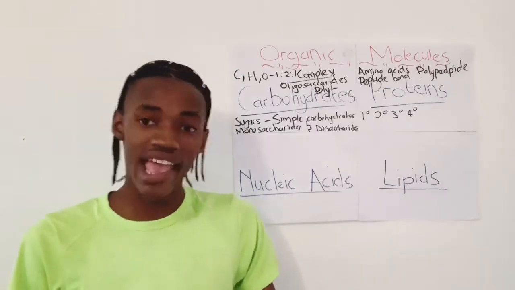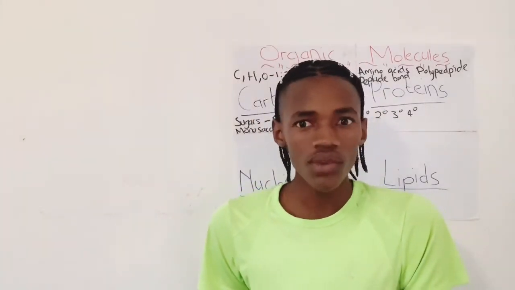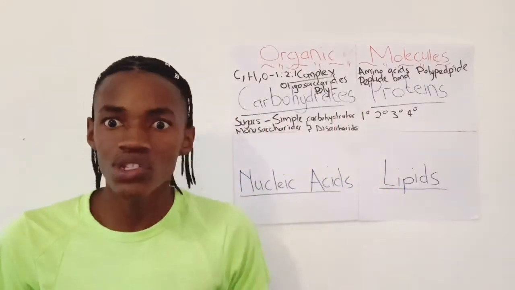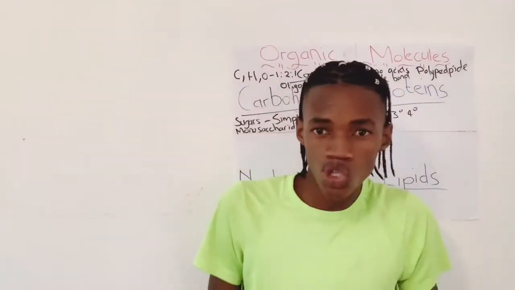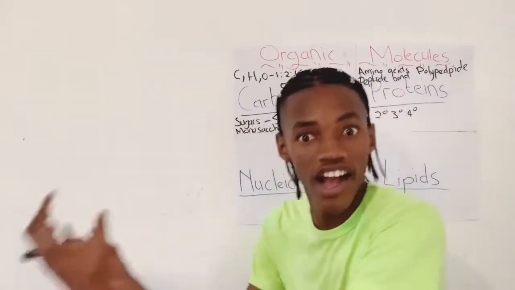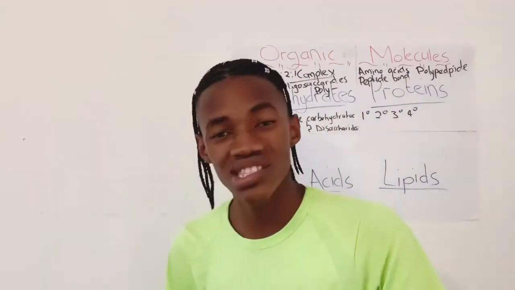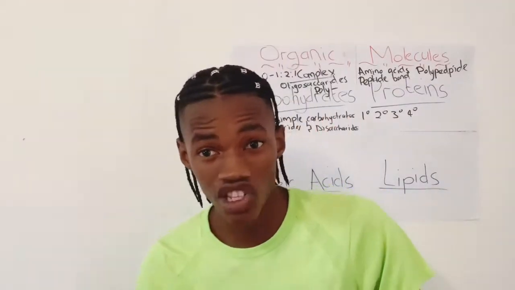For starters, enzymes are different from transport proteins, which are different from other proteins. So the shape of the protein gives us the function of the protein, and that is very, very important, because the shape of the protein determines the function of the protein.